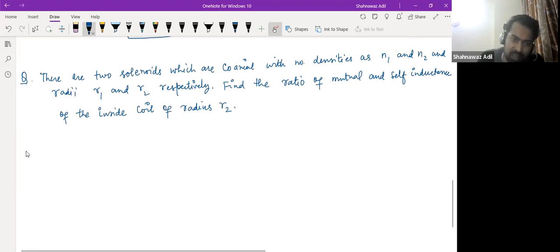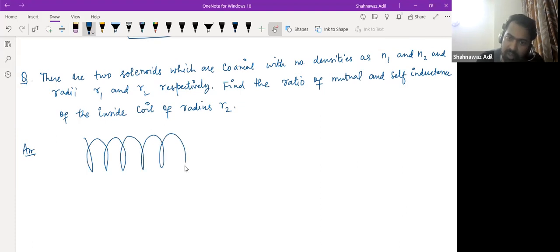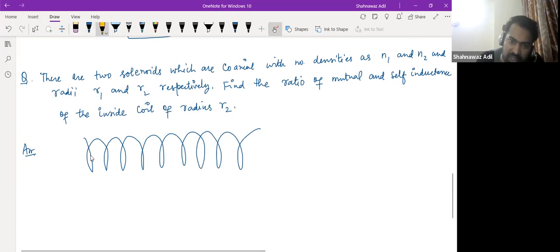So what do we have? We have this first solenoid, and we have another solenoid which is inside.